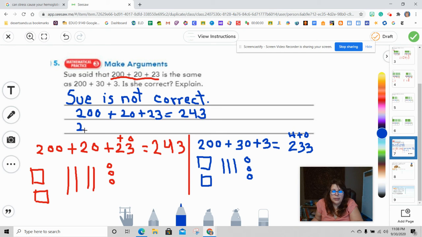And then 200 plus 30 plus 3 equals 233. So the first number sentence has 10 more because it has 4 tens. And the second number sentence only has 3 tens, so it's 10 less. So they're not equal.